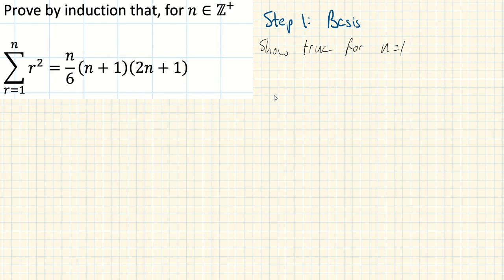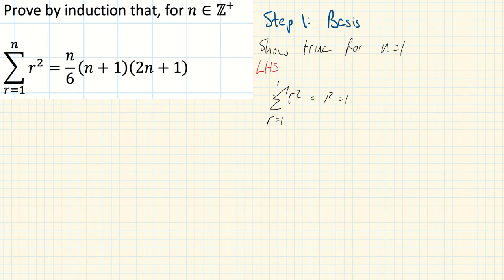On the left-hand side, we have n equals 1, we're doing the summation of square numbers from r equals 1 to n being 1. So what we'll be doing for that is just summing up 1 squared, which is 1.